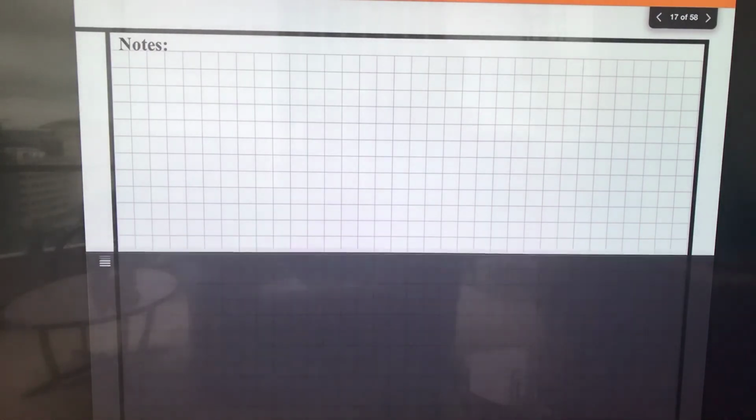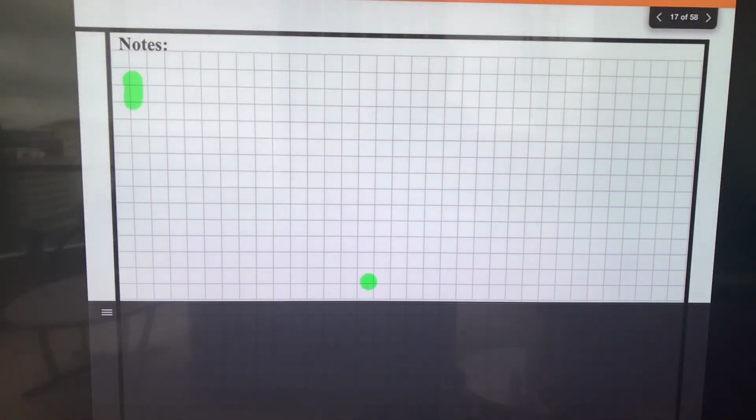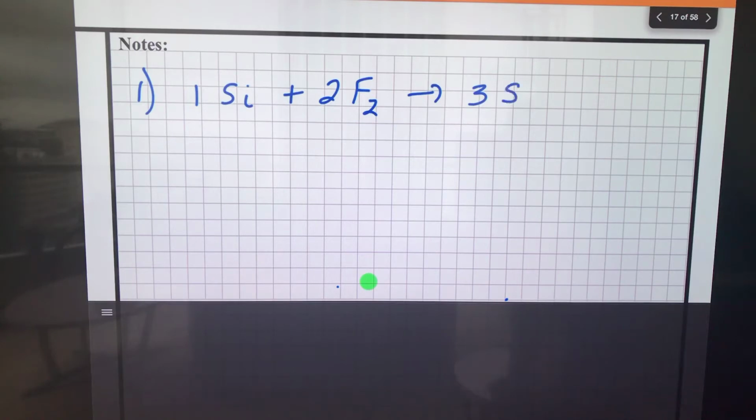So question number 1. I gave you a reaction that involved silicon and fluorine, 2 of those, an arrow moving to the right, and then I said 3 silicon fluorides with a 4.